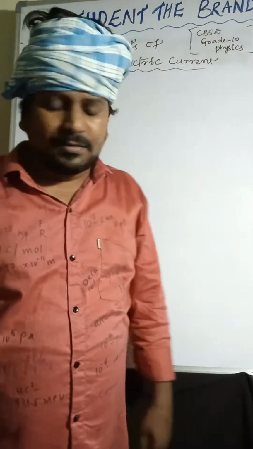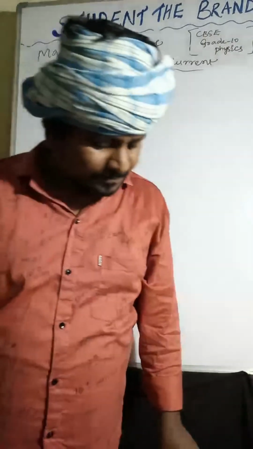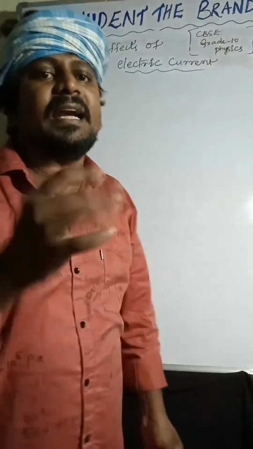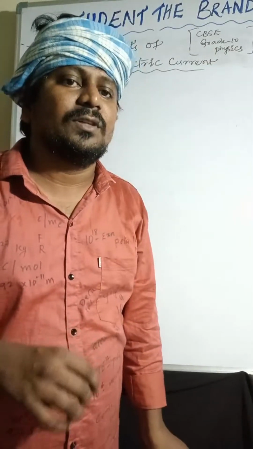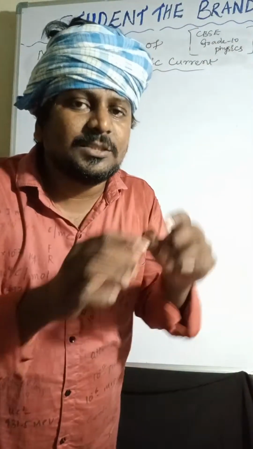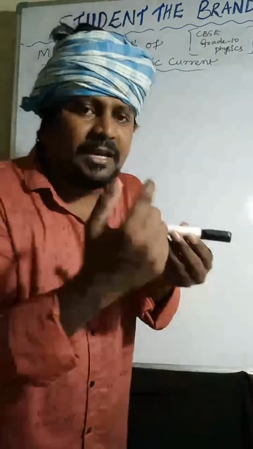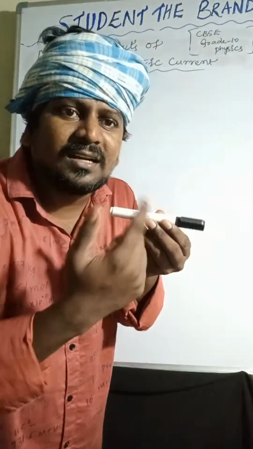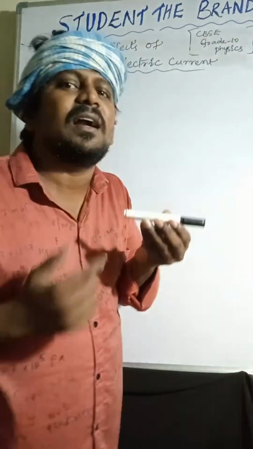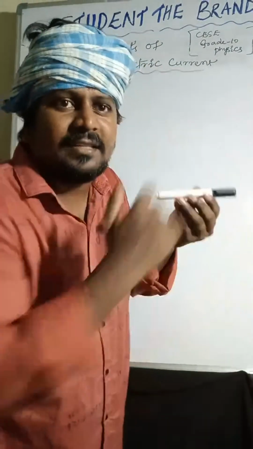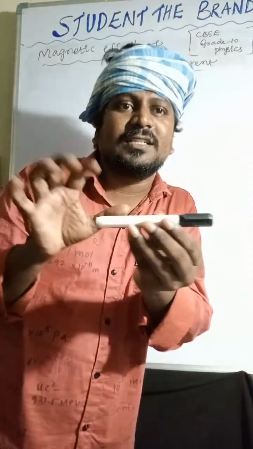So now you can see here, if the current is passing through the conductor, very important, I'm taking this as the conductor. Current is passing in this direction.